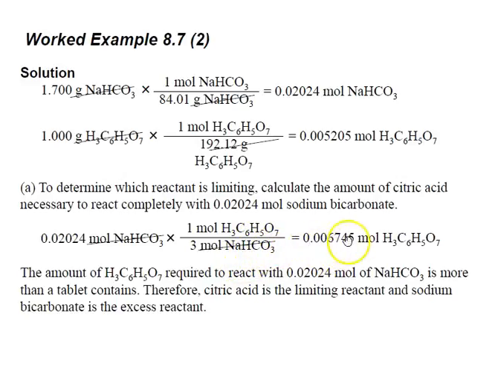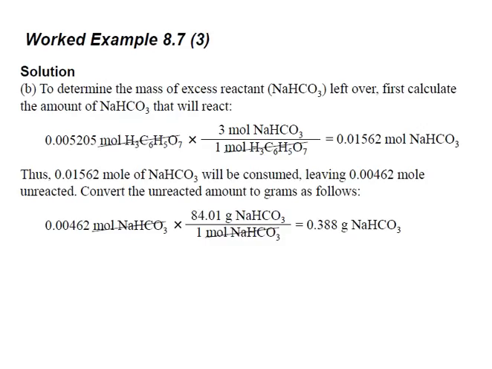This comes out to this value in moles of our citric acid. So the amount of citric acid required to react with this many moles of sodium bicarbonate is more than a tablet contains. So what that means is the citric acid is the limiting reactant. So it's going to be the one that's used up first. And the sodium bicarbonate is the excess reactant. You can work it out both ways so that you can see that if you wish.